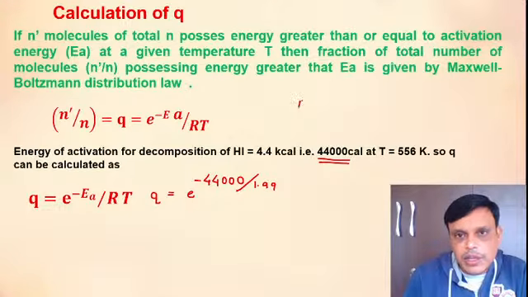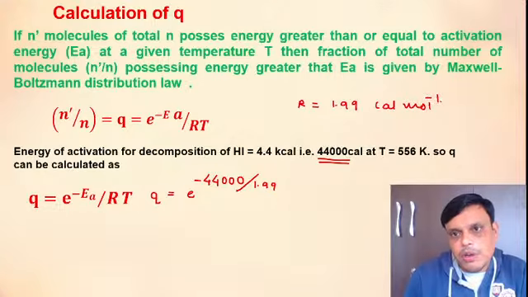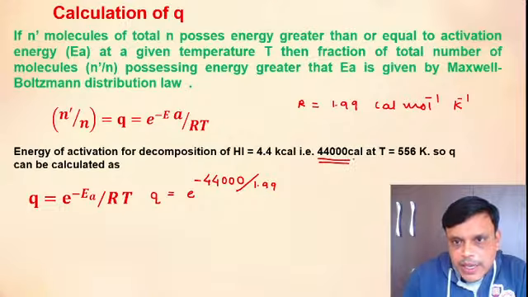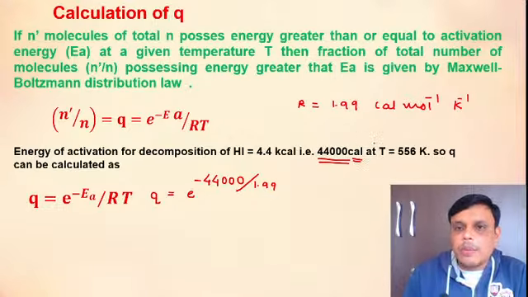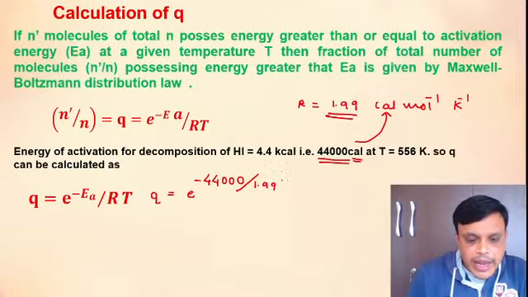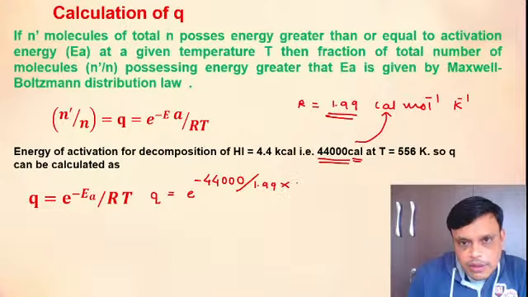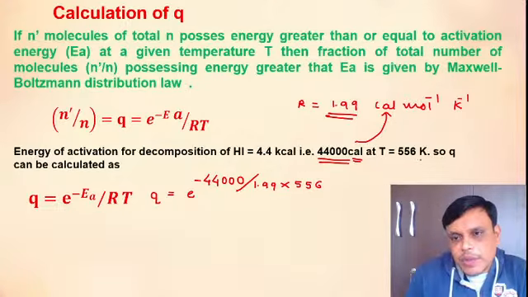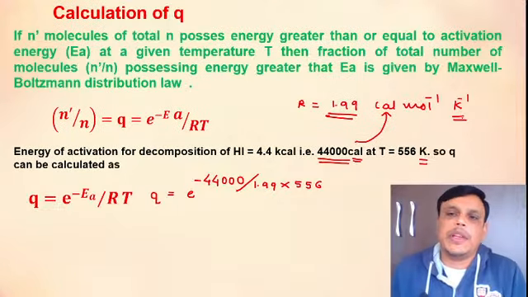So here R is in calorie per mole per Kelvin, because in what is the energy value given? In calories. So in what do you have to take the value of R? You have to take it in calories, and it is 1.99. So put this value here for R, and what is the value of temperature? 556 Kelvin, because the energy is in calories, temperature is in Kelvin, and R we have taken in calories and Kelvin. Okay.